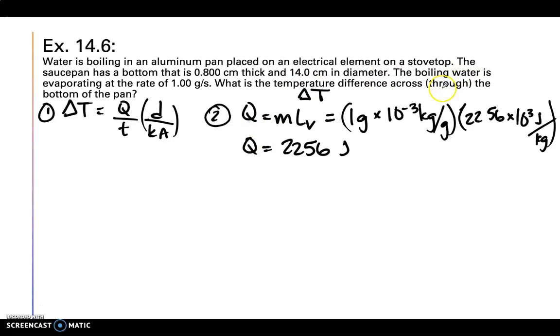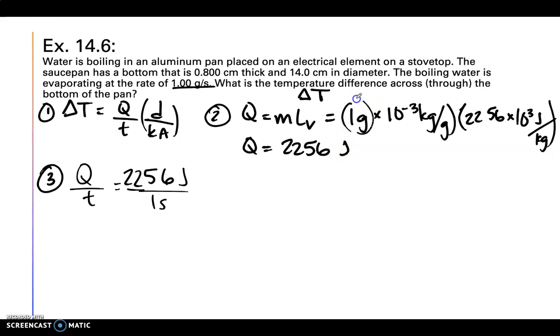The boiling water is evaporating at this rate here, so we're going to use that information. Since the 1 gram evaporates in 1 second, and we just used 1 gram of substance, we're going to say that Q over t is 2,256 joules for 1 second.